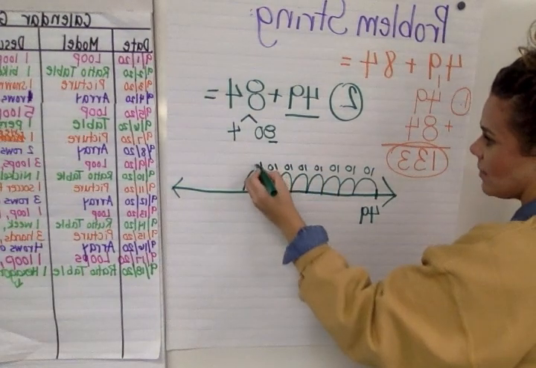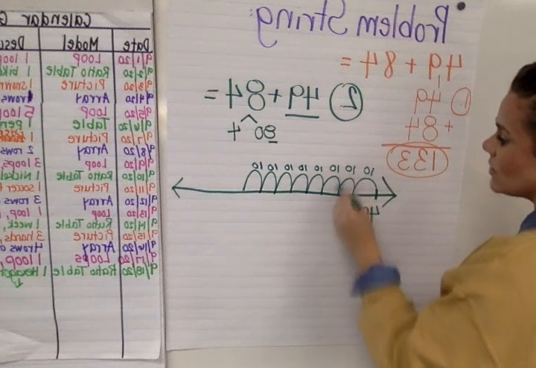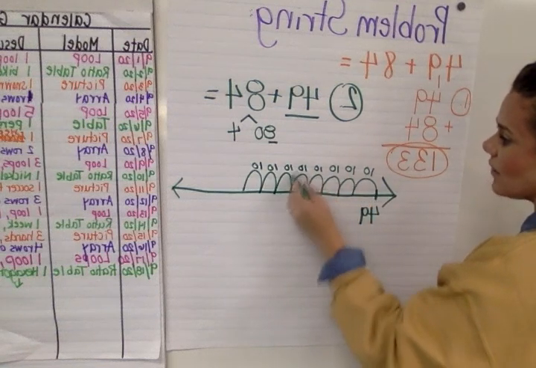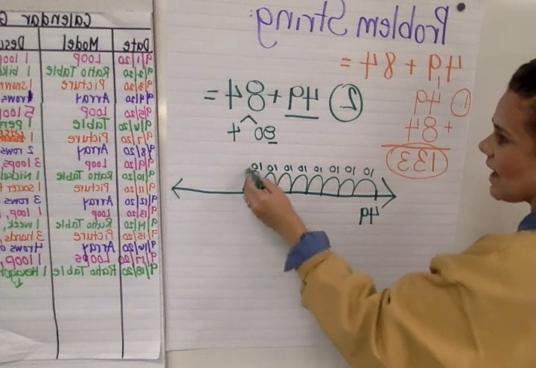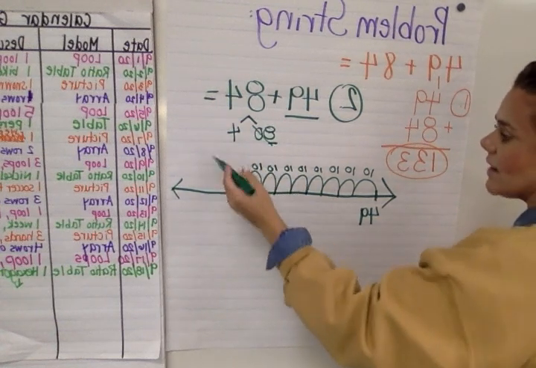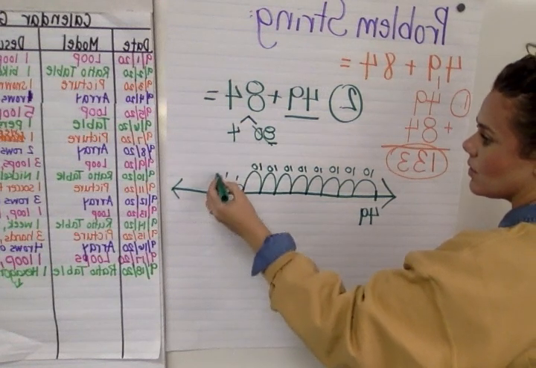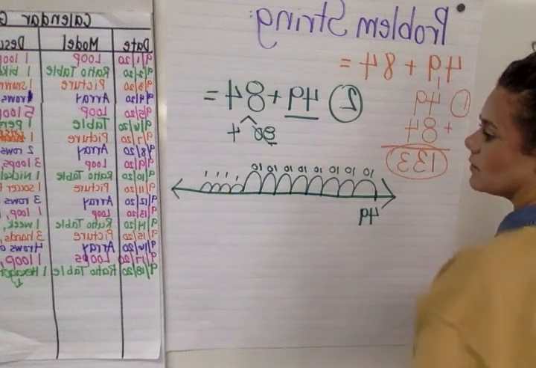And I have to label so I know what I'm jumping. So let's count them again, make sure I'm good. 1 ten, 2 ten, 3 ten, 4 ten, 5 ten, 6 ten, 7 ten, 8 tens. So I took care of this, and I have to count 4 ones. So 1, 2, 3, 4.